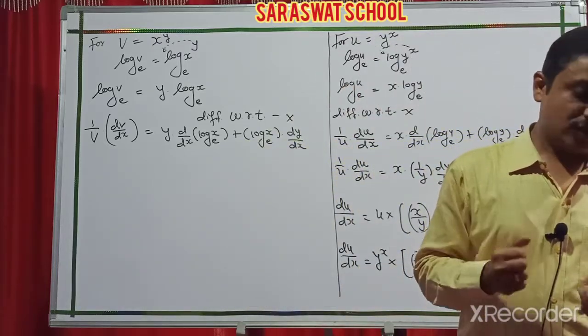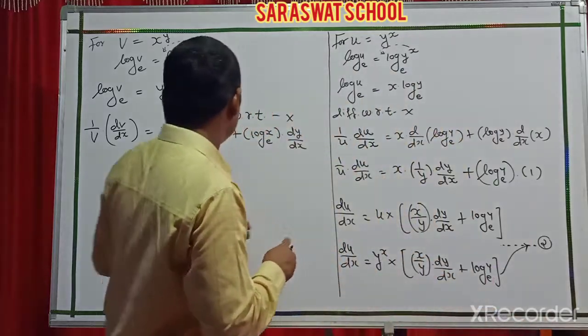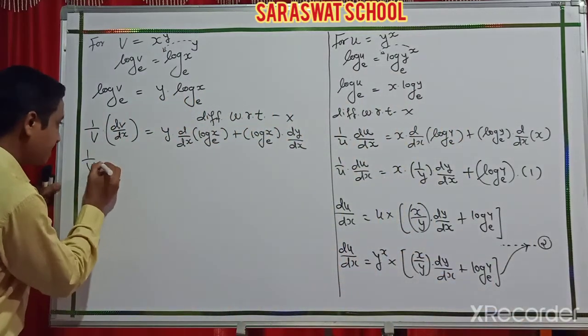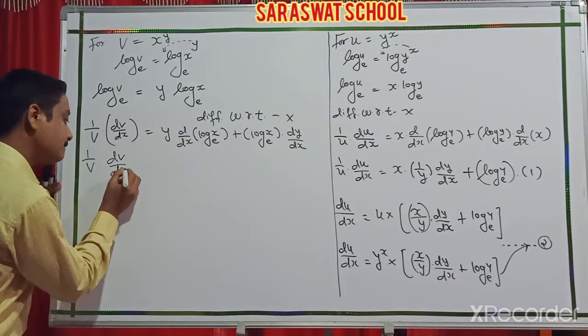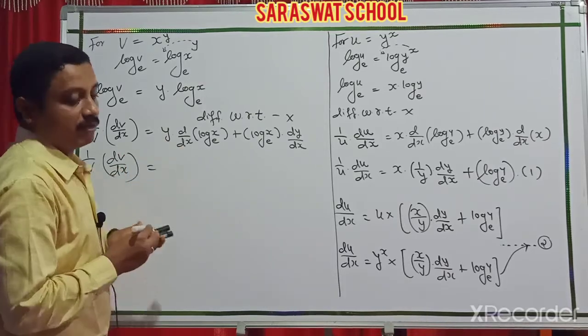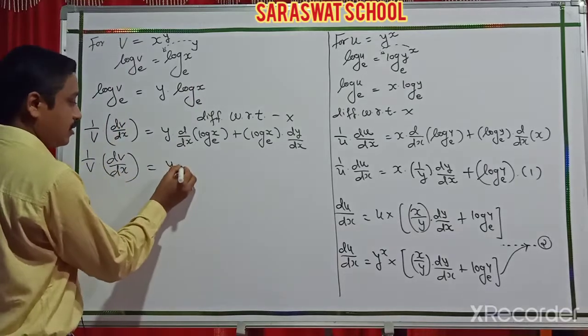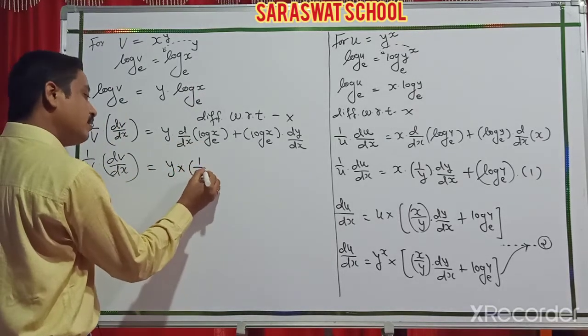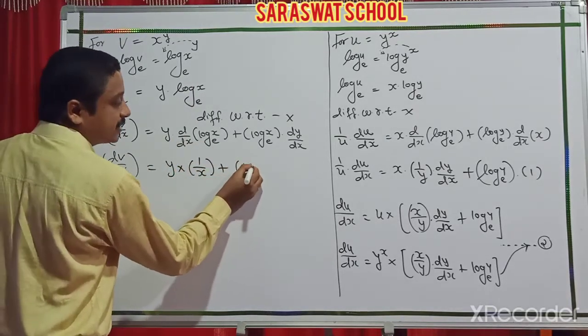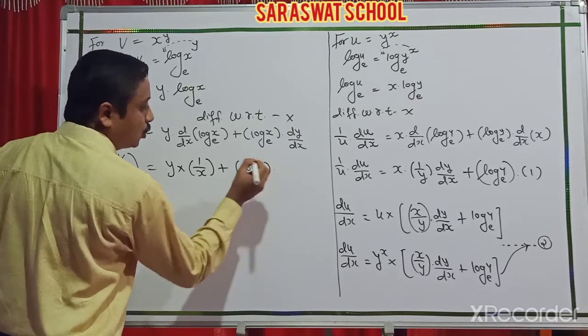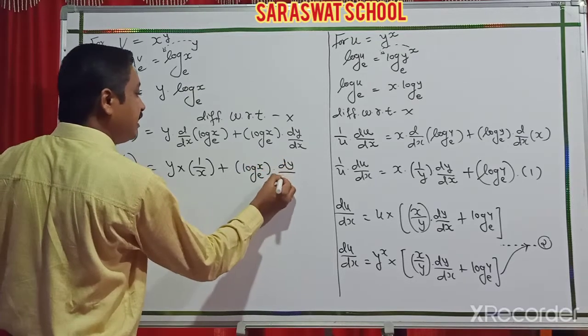So 1 by v dv by dx is the same, and here apply our basic derivatives. The value y is the same. What is the derivative of log x? 1 by x, and here the same y into dy by dx similarly.